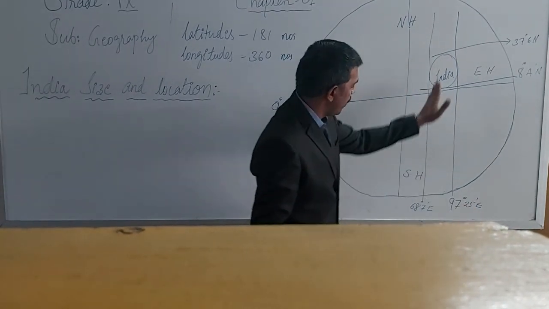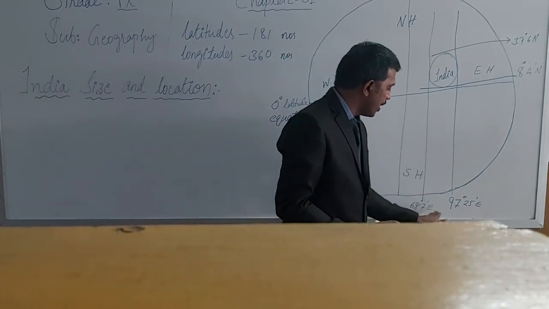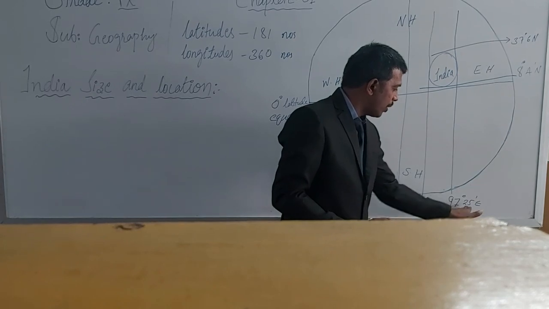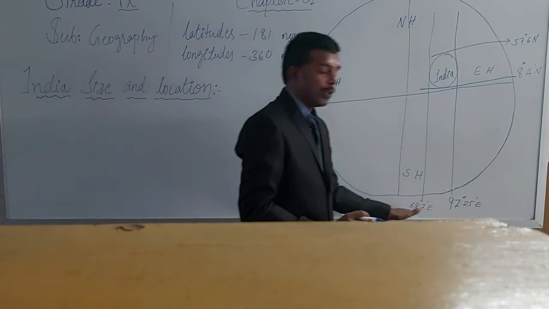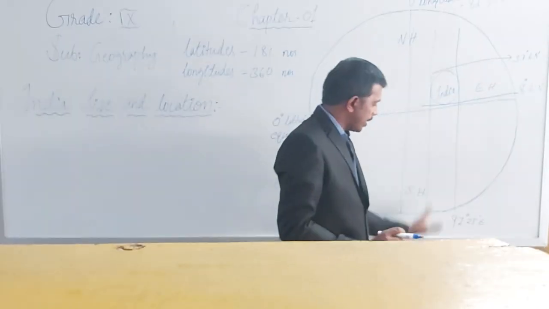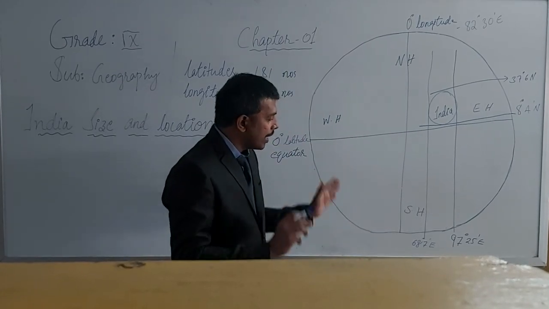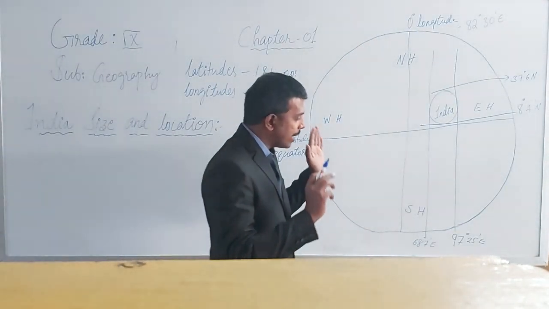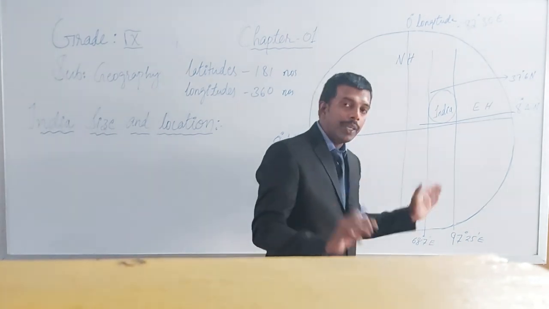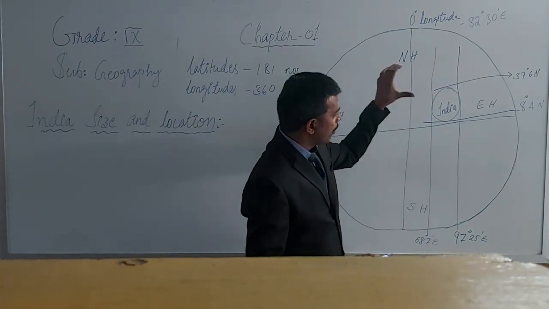From the figure it is very clear India is located between 68 degree 7 minute east and 97 degree 25 minute east longitudes. So this is our third point. India is located between 68 degree 7 minute east longitude and 97 degree 25 minute east longitude. It is very clear from the figure.